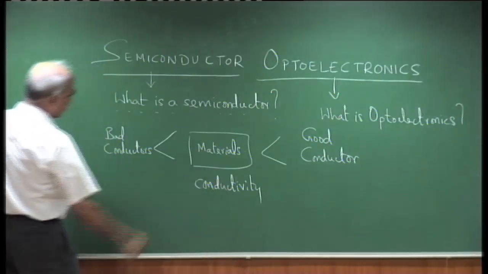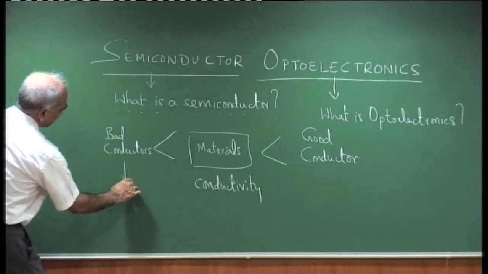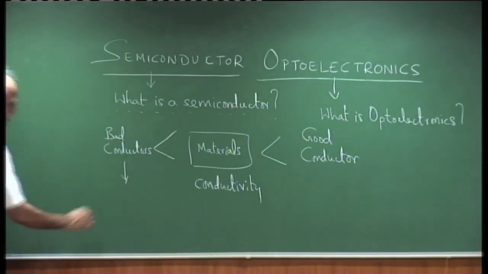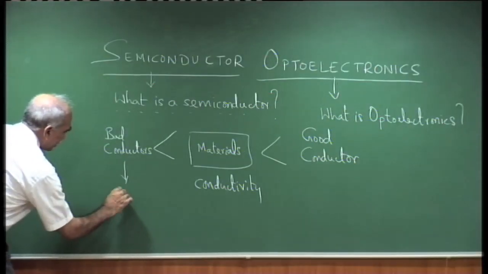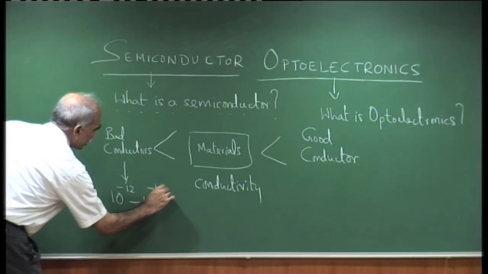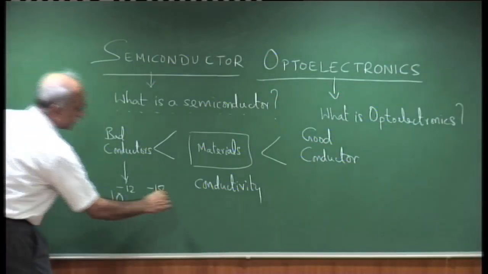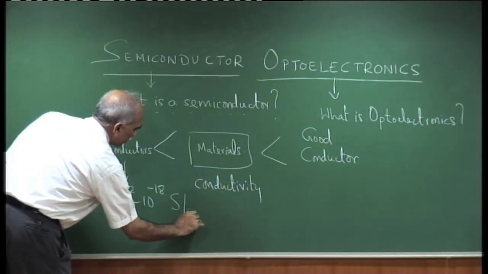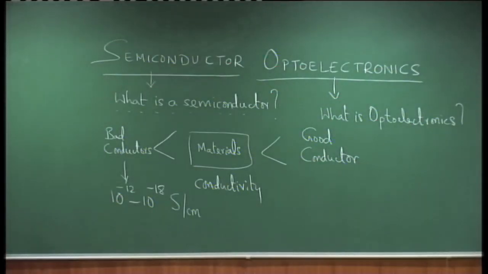What kind of numbers do we talk for bad conductors? Bad conductors or insulators typically have conductivity in the range 10 power minus 12 to 10 power minus 18 Siemens per centimeter, the inverse of resistivity.